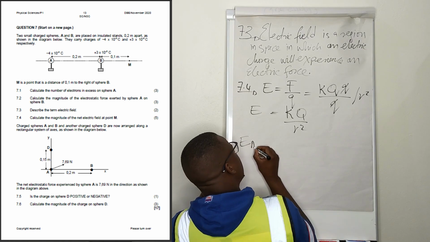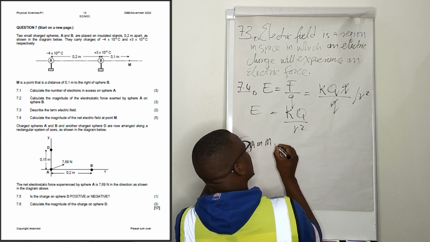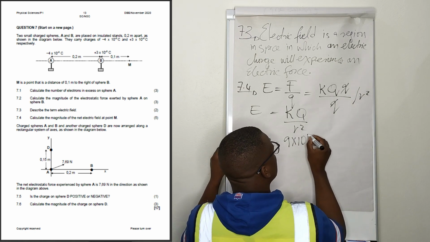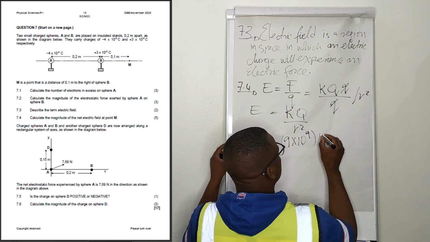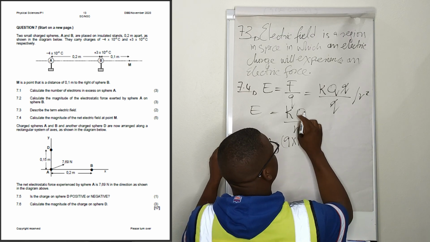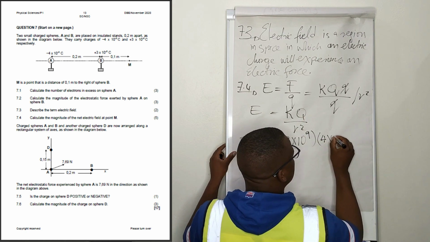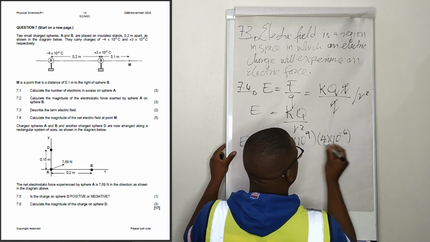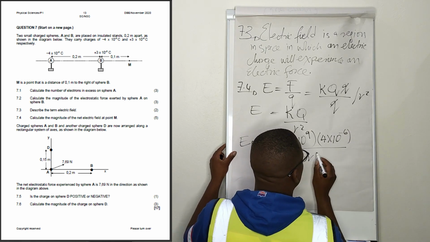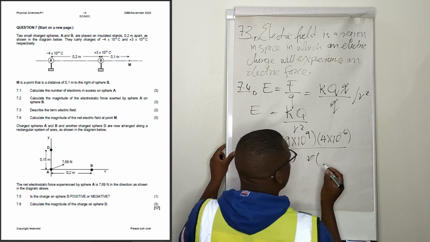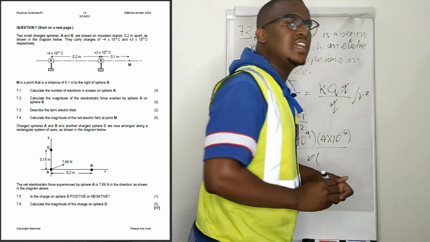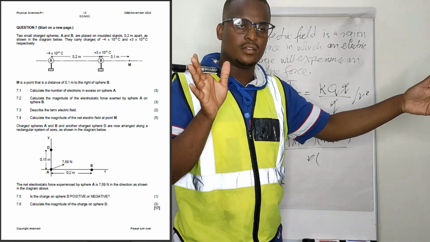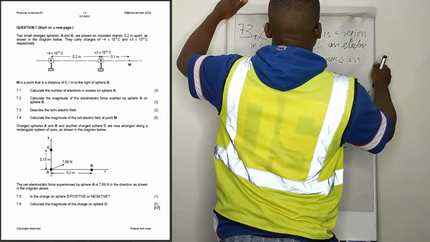So the electric field of A on M is equal to k, which is 9 times 10 to the 9, times our charge of A, which is 4 times 10 to the power minus 6, divided by R squared. What is our R? R is the distance between M and our charged sphere A. So what is the distance between the two?